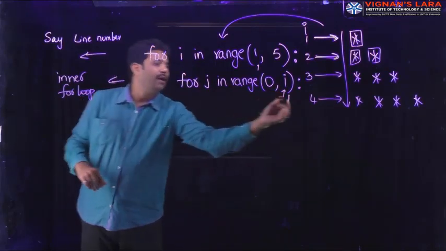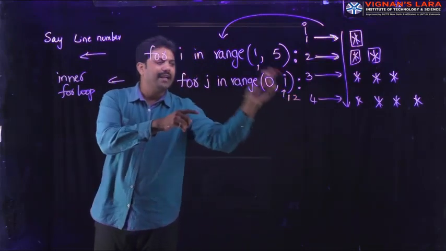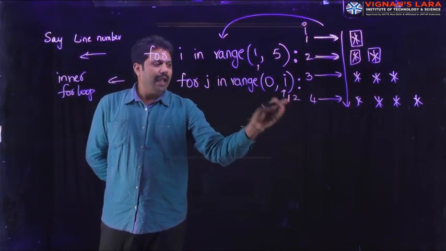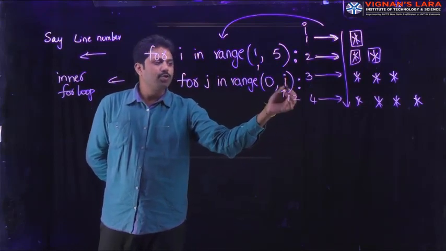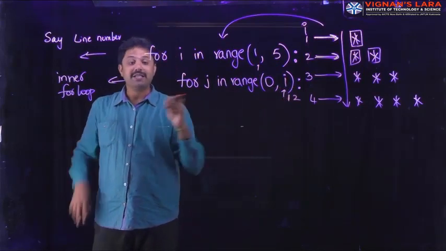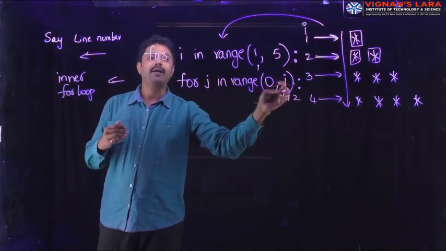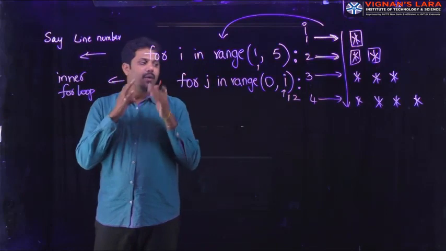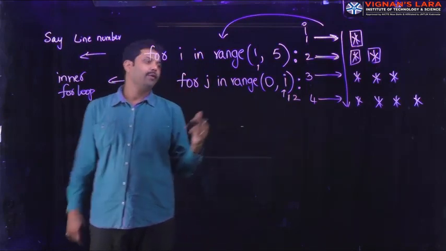Next, after completion of that, it iterates again. After that, the I value is replaced with 2. That means it iterates 2 times, 0 and 1. If it is 3, it iterates 3 times, like that only.